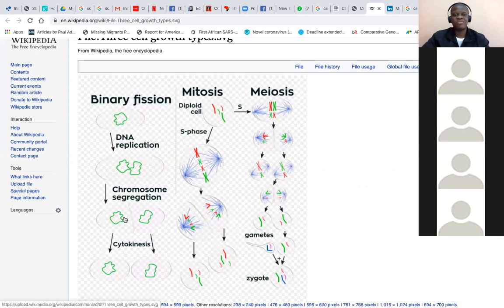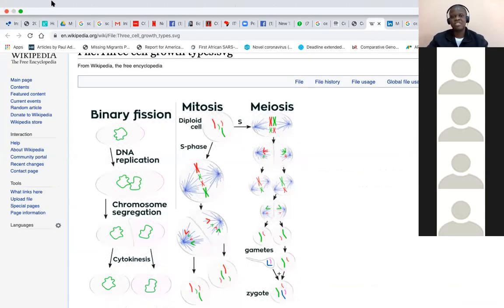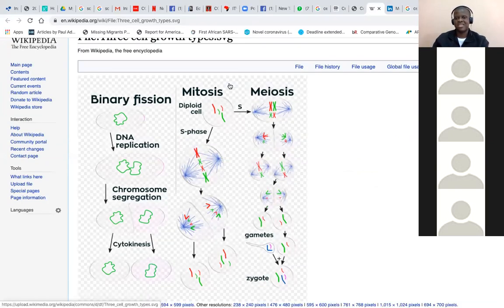And this is what happens in low-level organisms, down there in the organization of organisms. So binary fission is a method by which they undergo their own type of cell division. A good category of organisms that go through binary fission is bacteria.